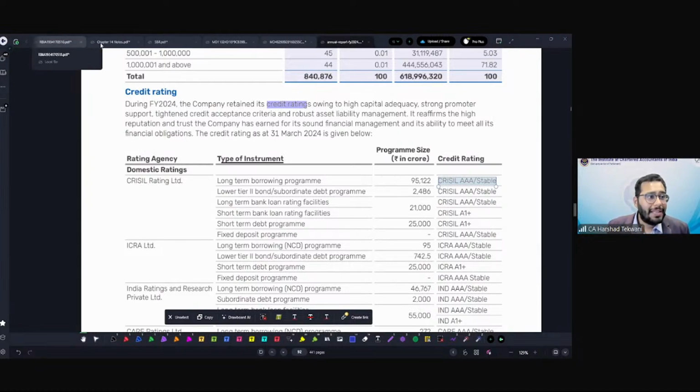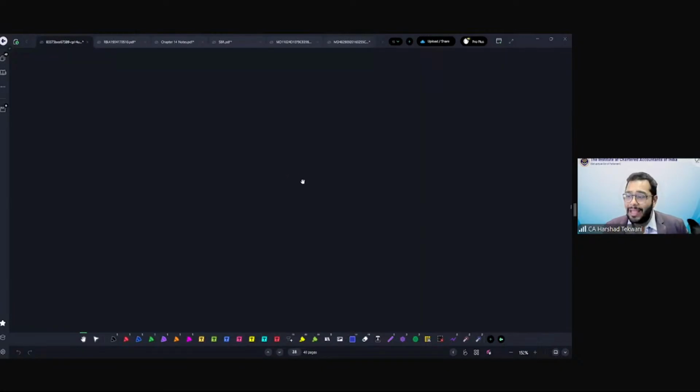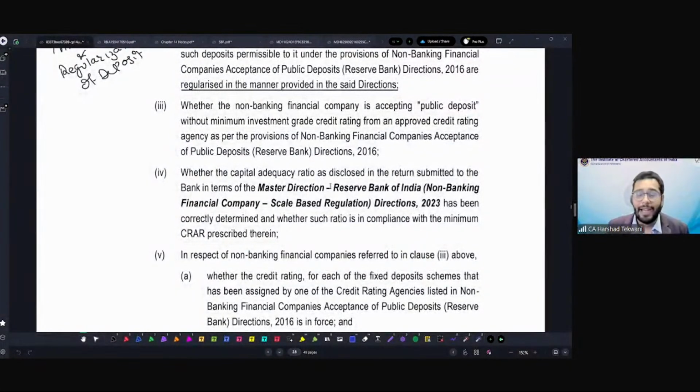That is a point the auditor has to report. It should not happen that there is a program but no credit rating attached to it. So each and every public deposit acceptance program or scheme should have a minimum investment grade credit rating from an approved credit rating agency. So minimum credit rating reporting is there.